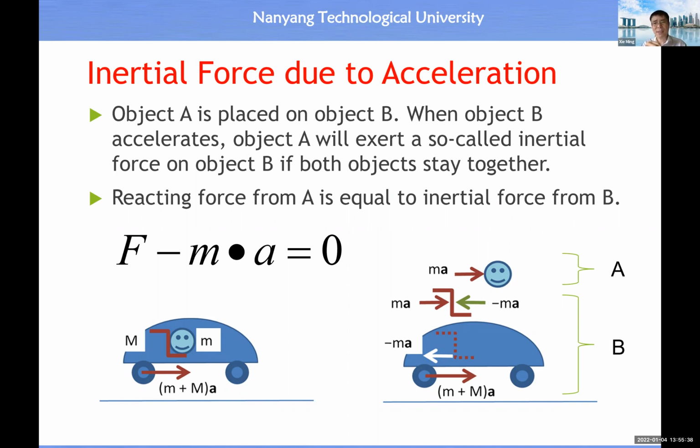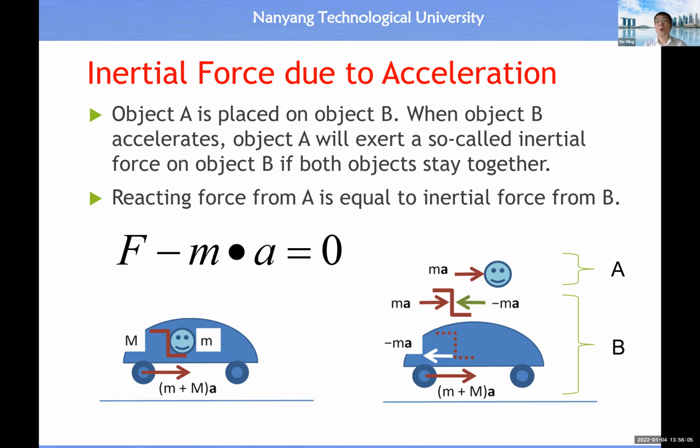Then similarly, angular motion or circular motion will induce centrifugal force. But the nature of these two forces is more or less the same. So this is why if we leverage the use of force to guide the design of the acceleration sensor, then the design principle will be the same.